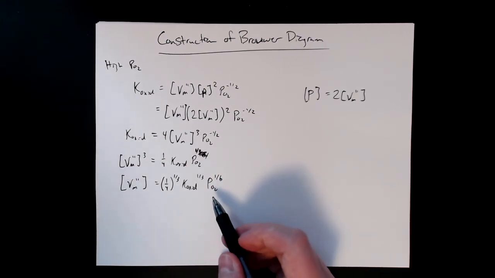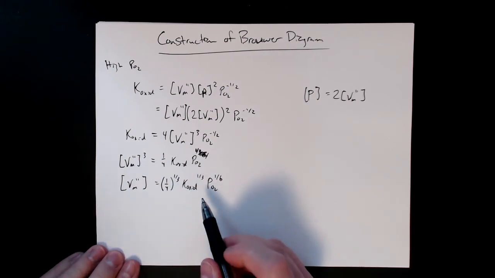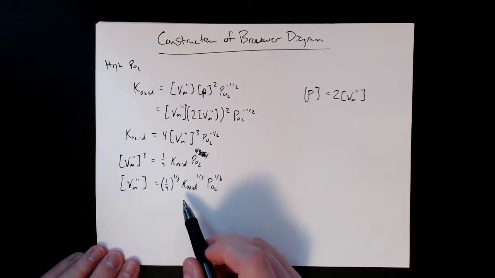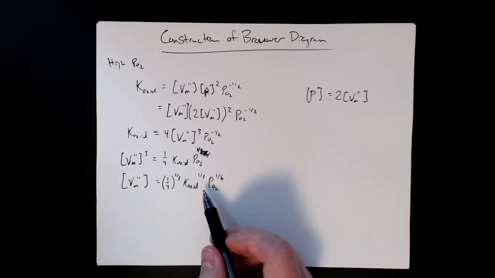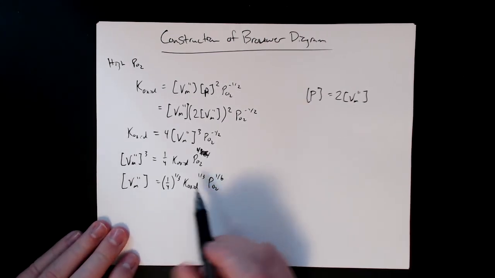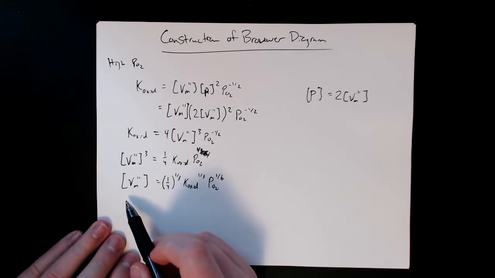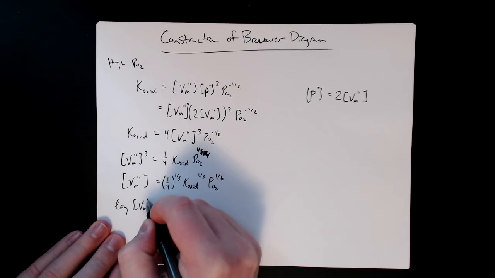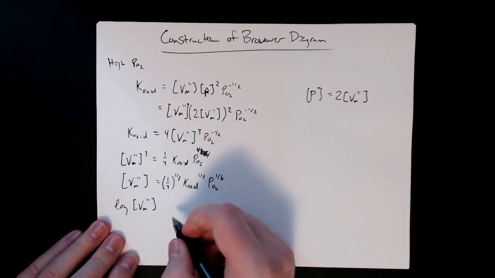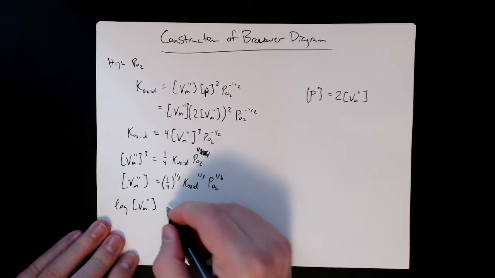So you see this expression is shaping up to be very similar to the reduction, or the low PO2 side, the main difference being the sign here. This was a negative 1/6 before, this is a positive 1/6 here. That's the main difference. All right, and then again, the Brouwer diagram is in terms of logs, so we're going to take the log of both sides, and this is mostly to linearize everything.